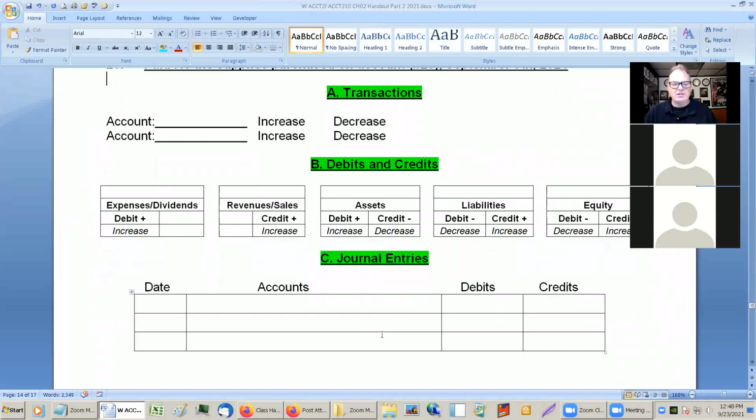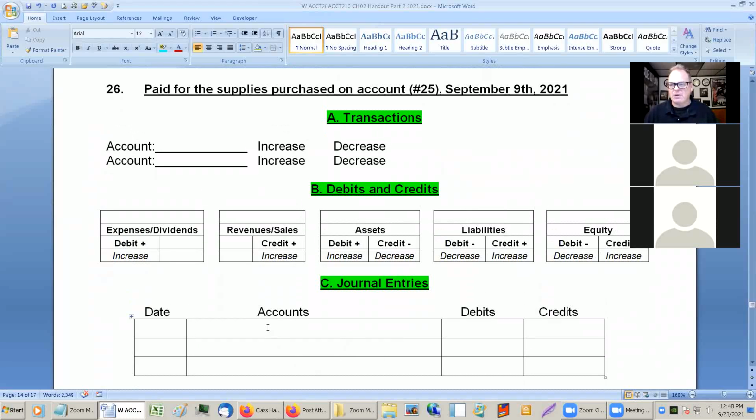Does anyone have the number 26 journal entry? What'd you come up with? They pay for the supplies purchased. I did cash and accounts payable. Good. So cash and accounts payable.